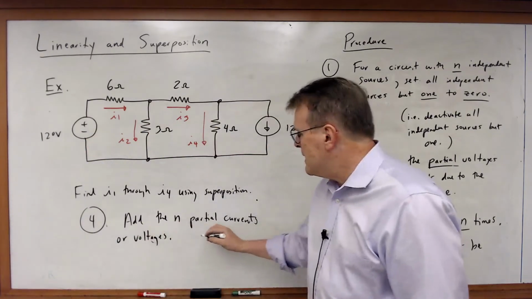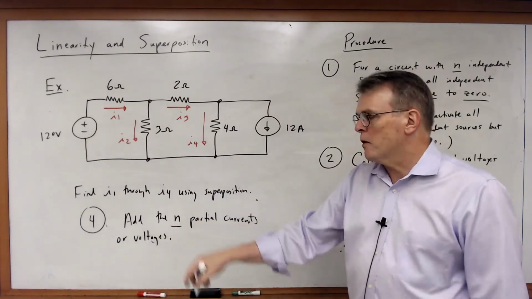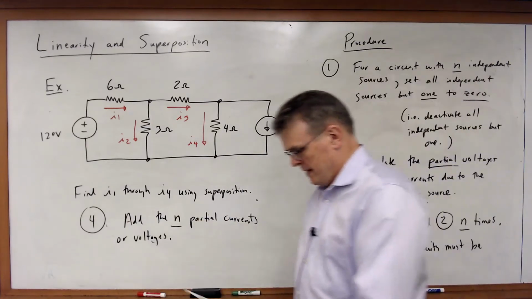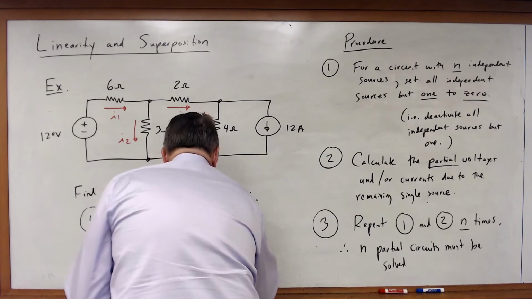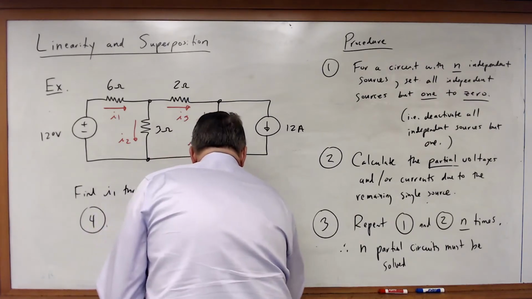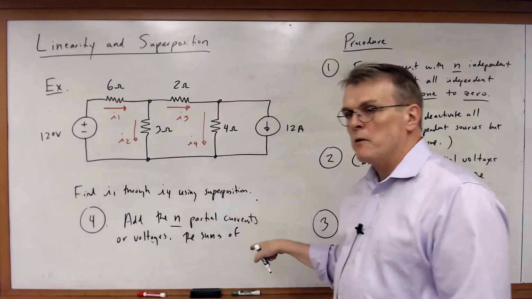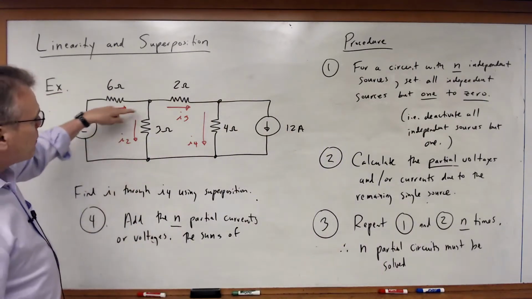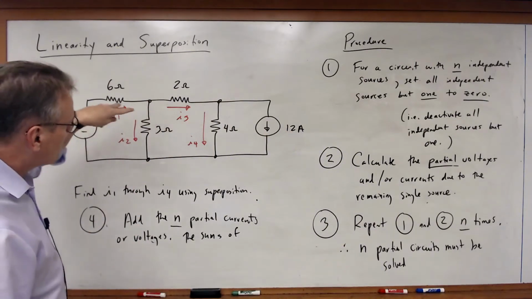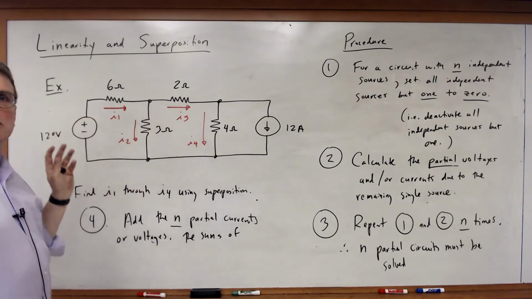So add the n different partial currents or voltages together. The sums of those partial currents and voltages will equal the voltages or currents from the original circuit if all of the sources were present.